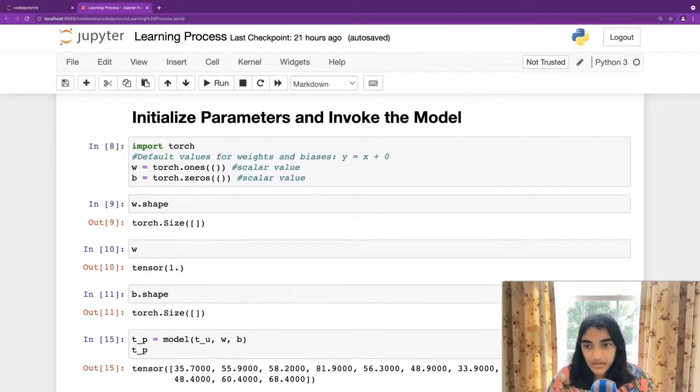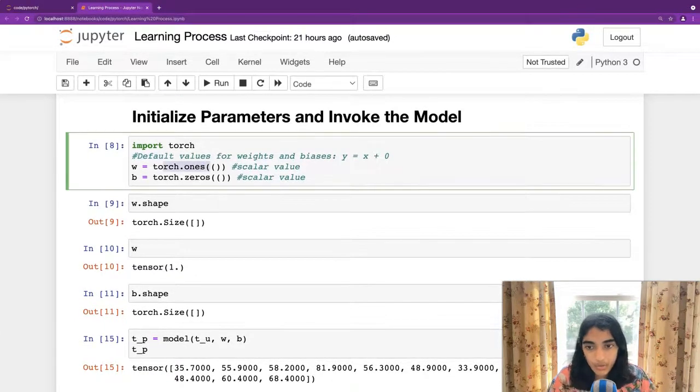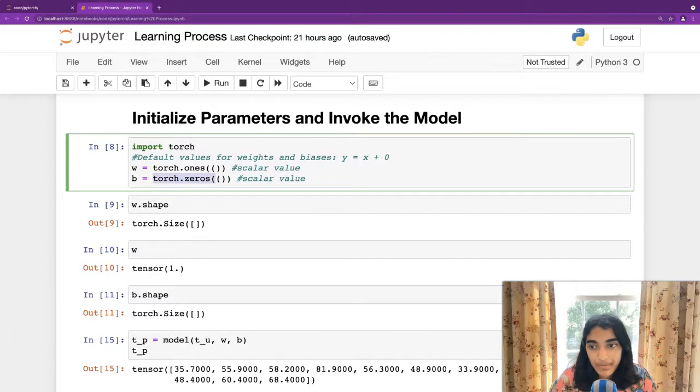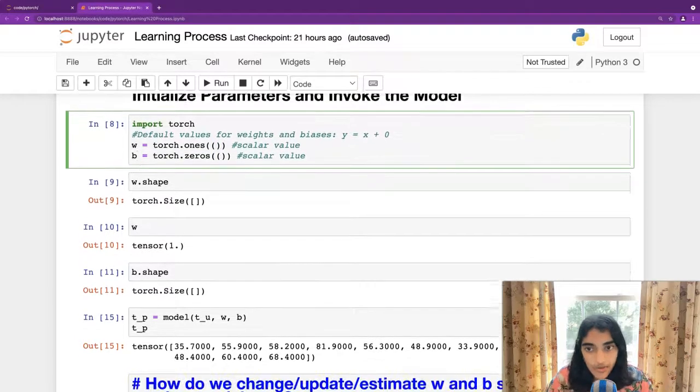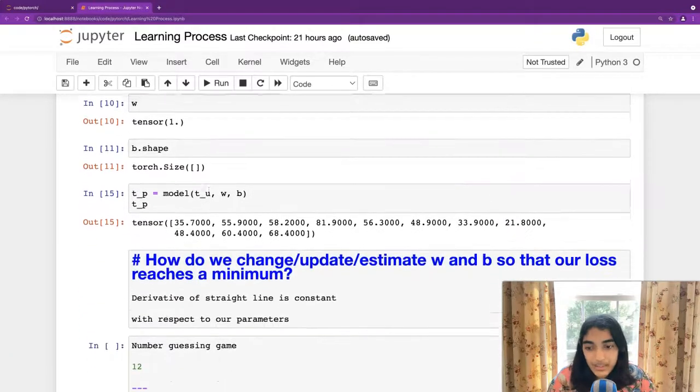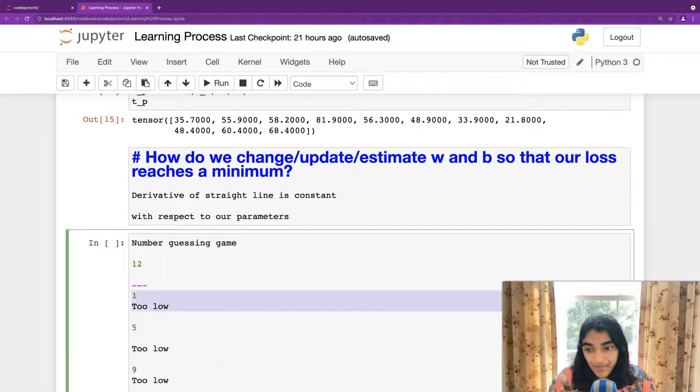And 1 and 0, the way we initialized it here, a tensor that just holds the scalar value 1 for W, and a tensor that just holds the scalar value 0 for B, is an initial value, and once again it's not going to work out because it's just random, just like how 1 was random.